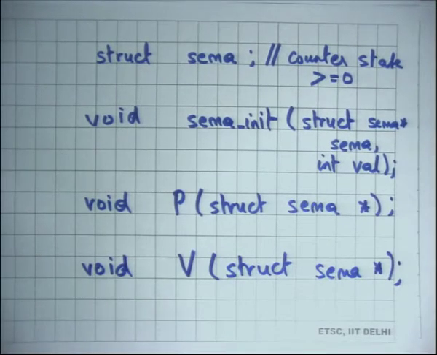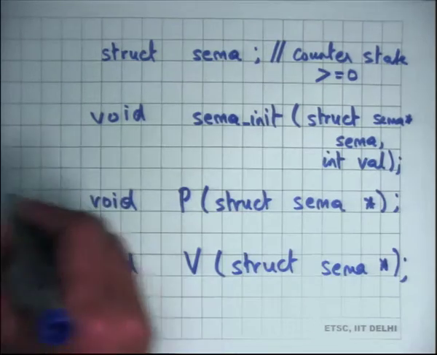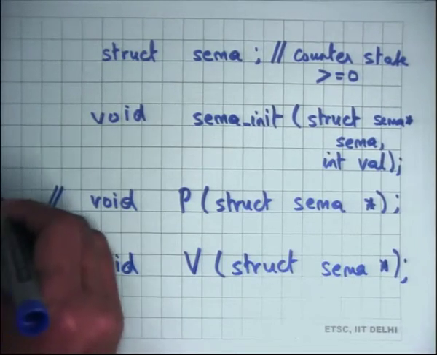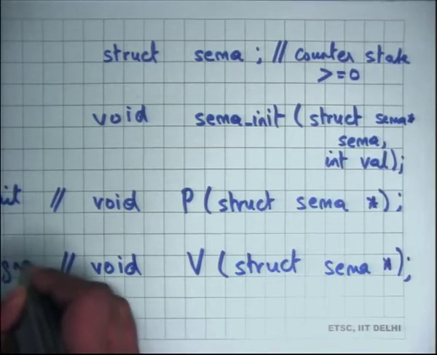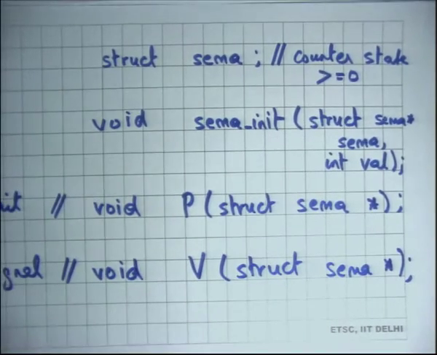The letters p and v are the first letters of the meanings of these functions in Dutch, which is basically Dijkstra's mother tongue, I guess. But the other names of these are sema wait, or sema signal, right? But we want to just call them p and v, right? So let's see what p and v mean.